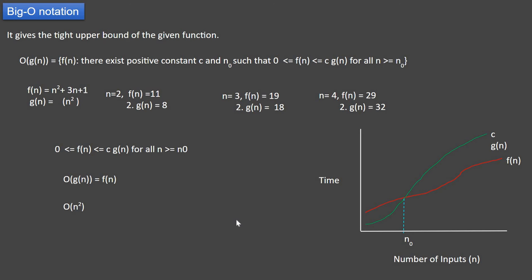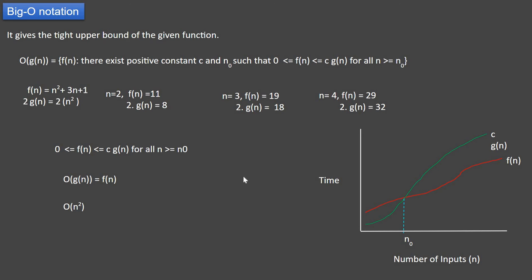So this is what we call the big O notation. Here you need to keep in mind two things. First, the value you take for the constant C should give a tight upper bound. As I said, I took the value 2, which is almost near to n square, right? And the second thing is the values.